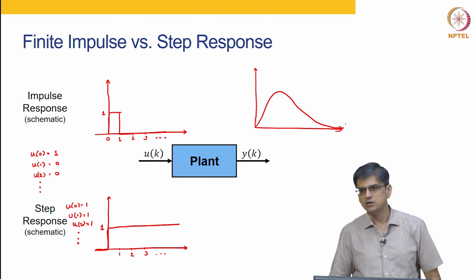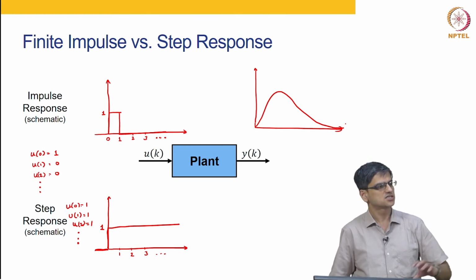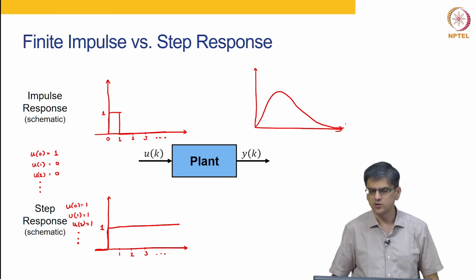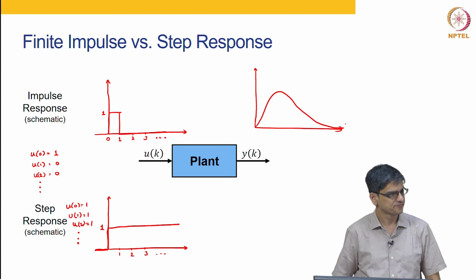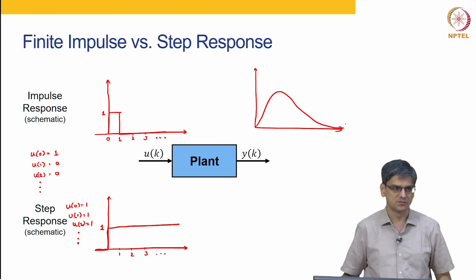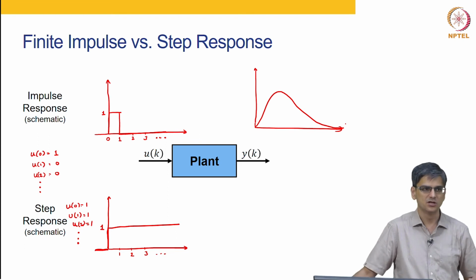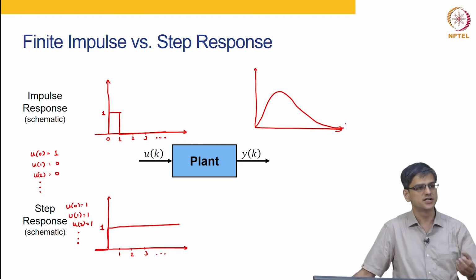That was a response to a step of size 5. What would be the response to a step of size 1? Just 1/5 of that. That is how it is practically implemented. Sometimes it is not possible to give an actual unit step change. Why? Because 1 unit might be very, very low.